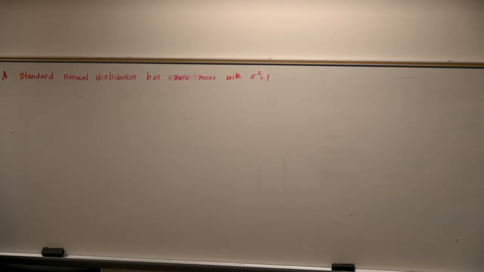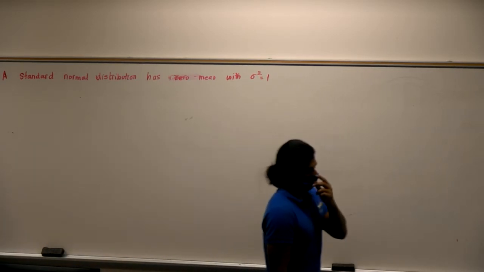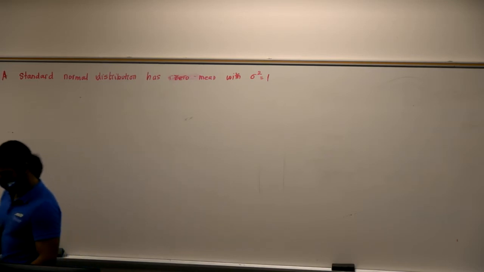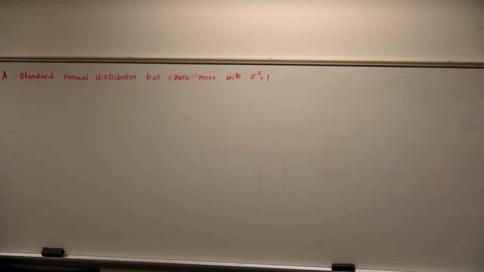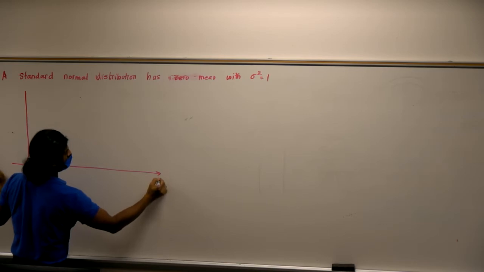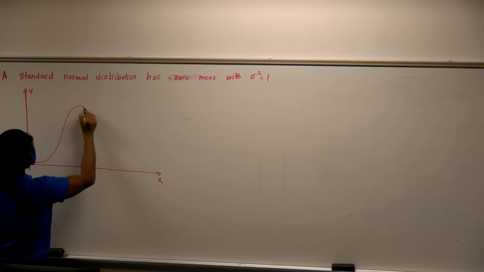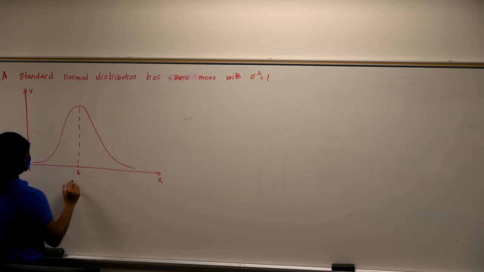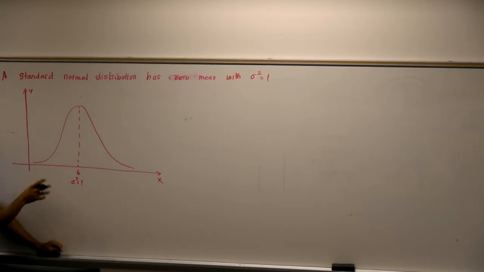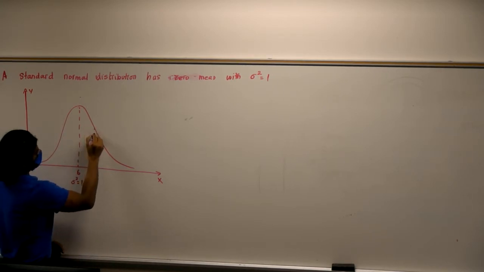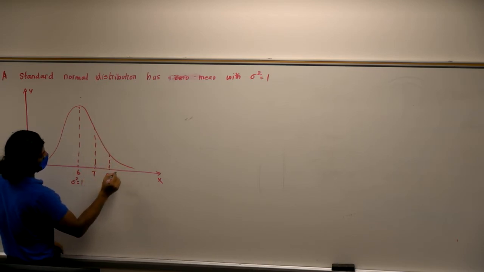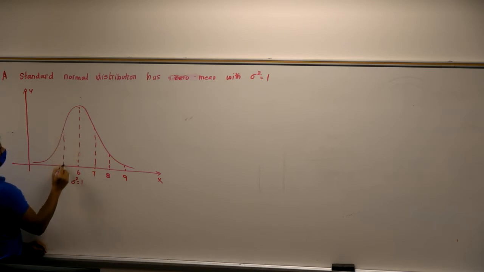So you can take any normal distribution and convert it to a standard normal. What do I mean by that? I guess we could use the same over here from earlier. The mean is 6, the variance is 1. So 7, 8, 9, 5, 4, 3.